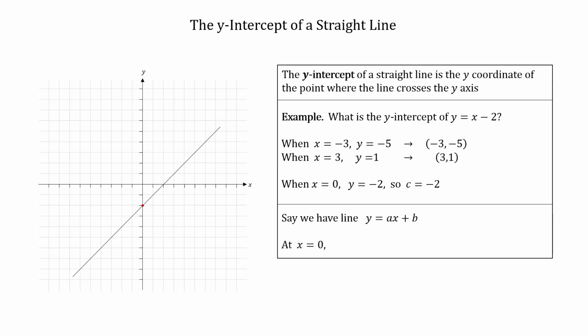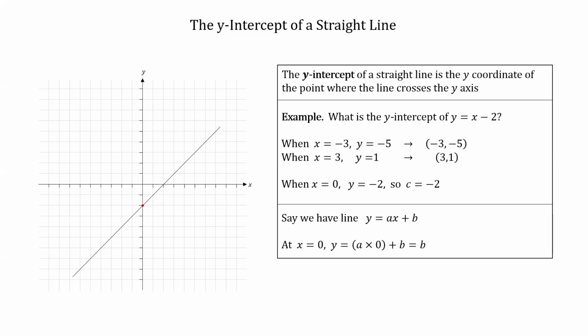To find the y-intercept, we would plug in x equals 0, as we just did. We'd get y equals a times 0 plus b. But a times 0 is just 0, so this term disappears, and we get b. So at x equals 0, y equals b, the constant term that we're adding on. Hence, this is always going to be the y-intercept.